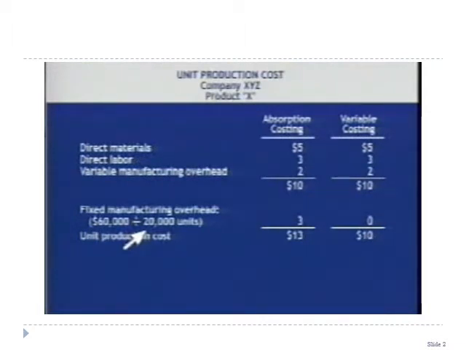For variable costing, the unit production cost is $10 because it excludes fixed manufacturing overhead. Fixed selling and administration expenses are excluded from per unit cost in both absorption costing and variable costing. The difference of $3 per unit, the fixed manufacturing unit cost, is key to understanding how net income differs under absorption and variable costing when sales and production volumes differ.